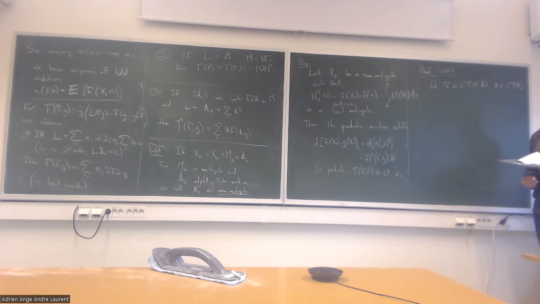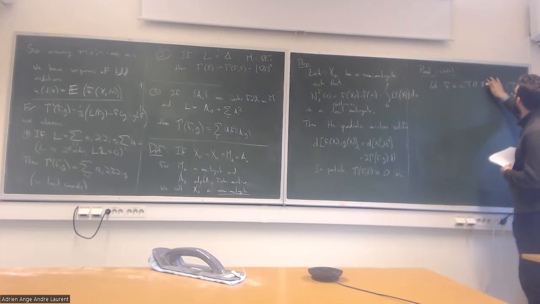We're going to pre-compose these so that we can actually apply Ito's formula. What do I mean by that? We don't really have an Ito's formula on manifolds, but of course we have an Ito's formula on Rn.